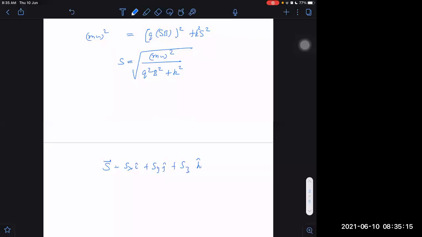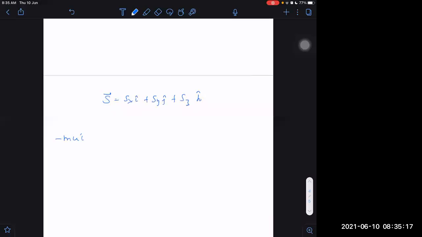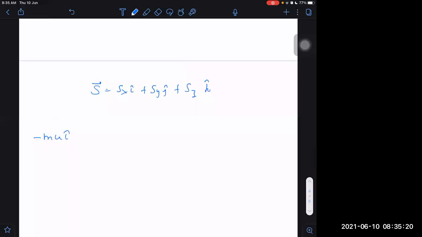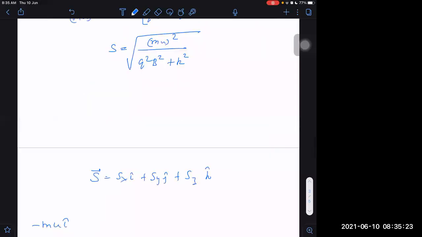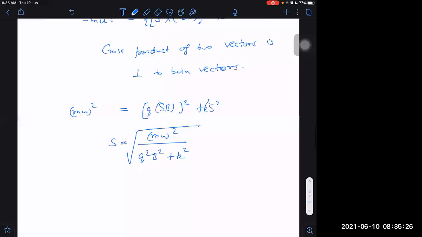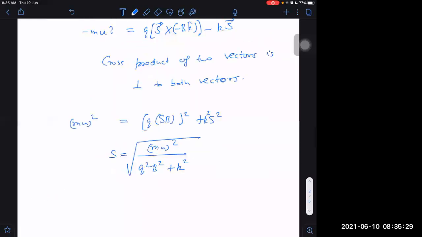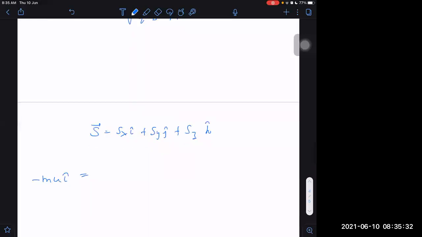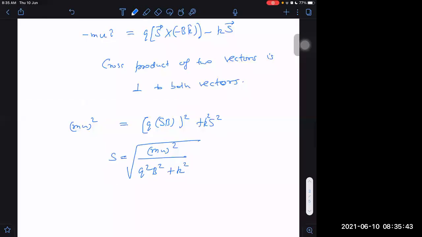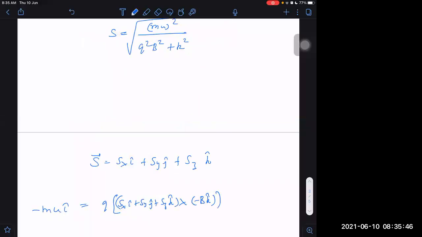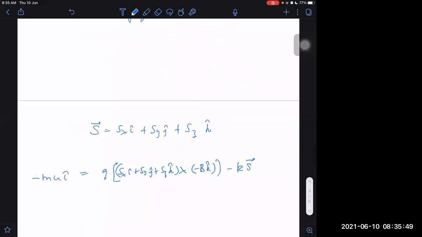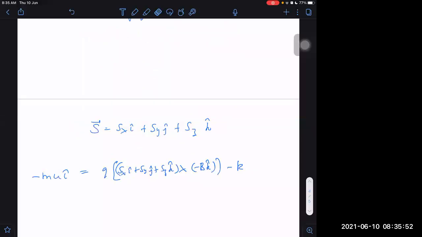Then the left side will be minus mu i cap, equal to what is on the other side: q, S cross, that is q into Sx i cap plus Sy j cap plus Sz k cap, cross of minus b k, minus k into S. S means again the same thing: Sx i cap, Sy j cap and Sz k cap.